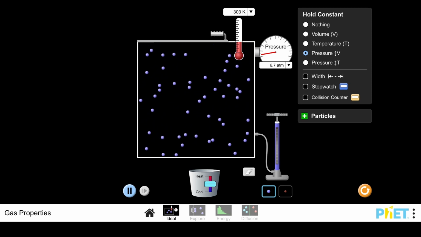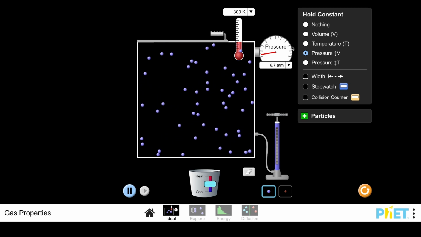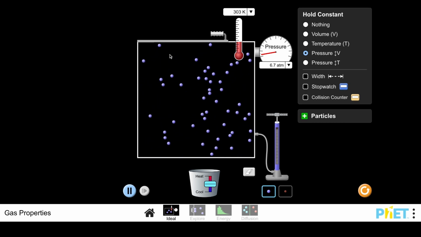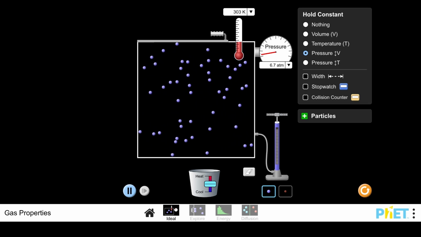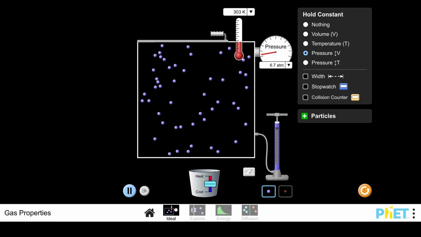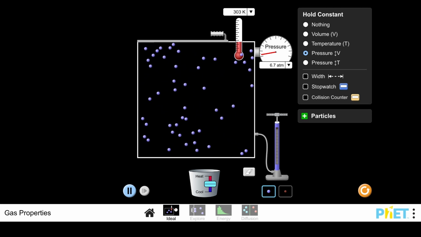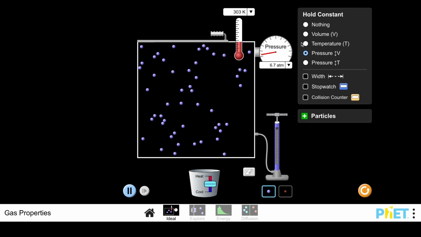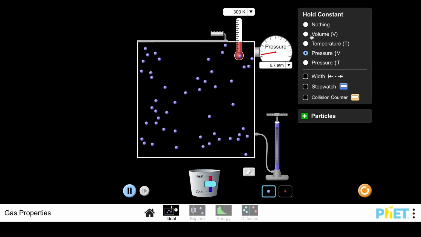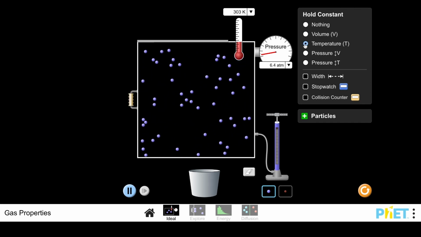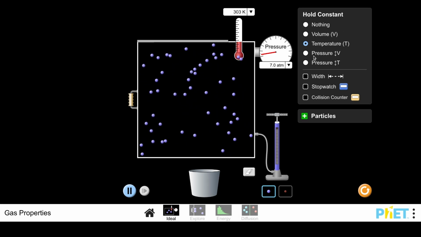And before we start the pressure, one thing about the volume and temperature is that if the temperature stays constant, as the volume increases, we can see that the pressure decreases.